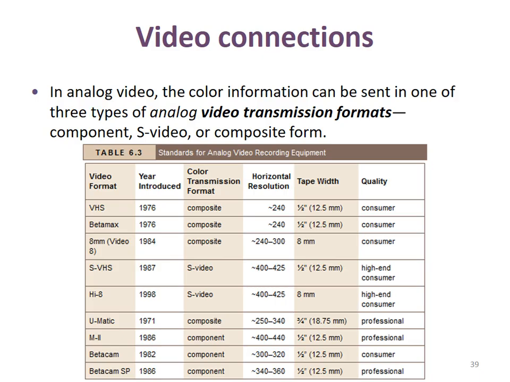Then we would use different transmission formats such as component, S-video, or composite. Actually, you can see these video connections a lot in the back of your television. Even though we have digital TV, we still have such analog video connections in the back of our television.